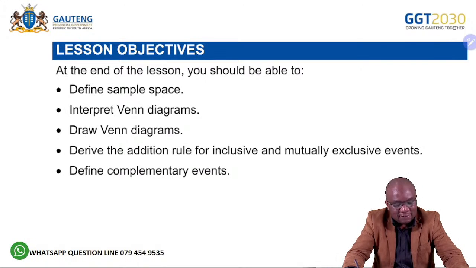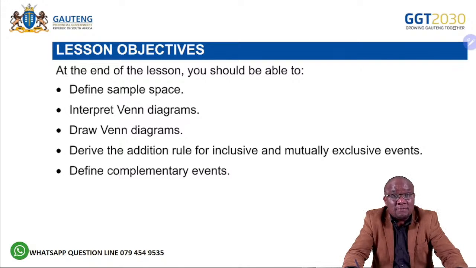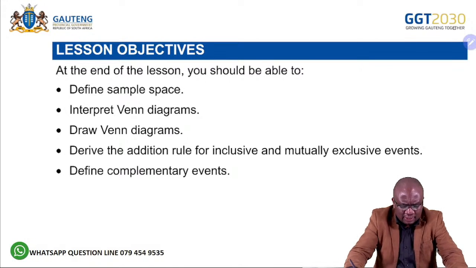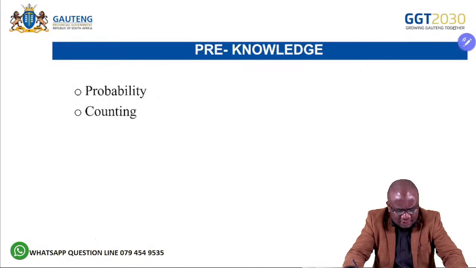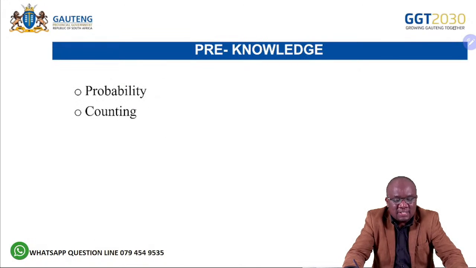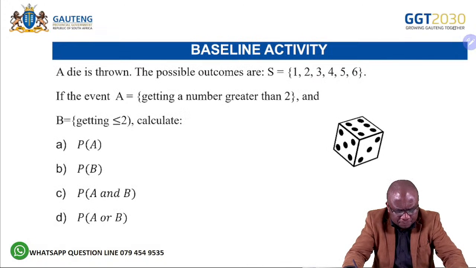We're going to derive the addition rule for inclusive and mutually exclusive events, and define complementary events. We're going to understand what complementary events are, what mutually exclusive events are, what exhaustive events are. Okay? Right. Now, we have done probability in the previous grades and also counting. There's a lot of counting when it comes to probability.